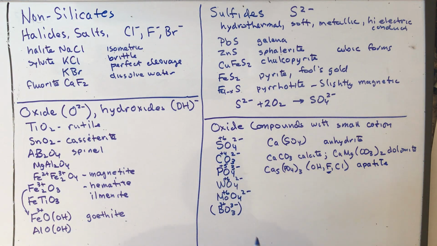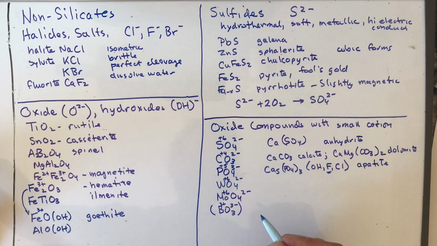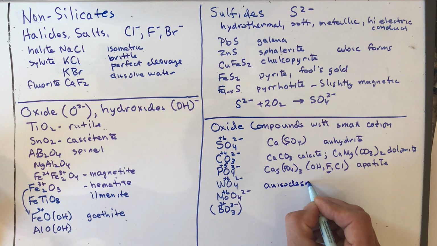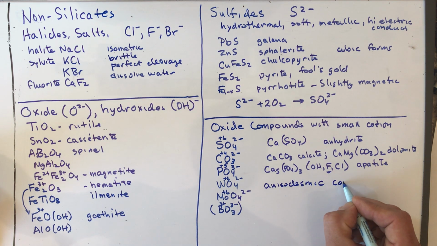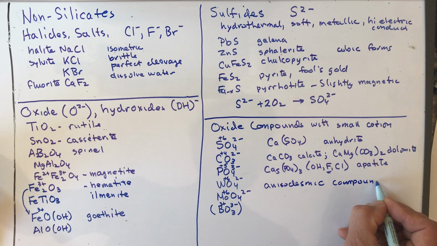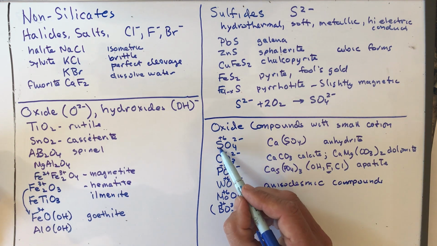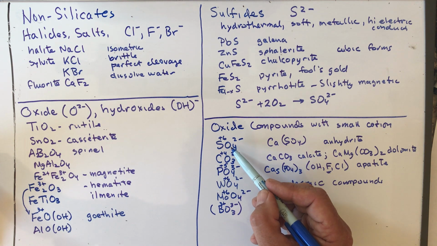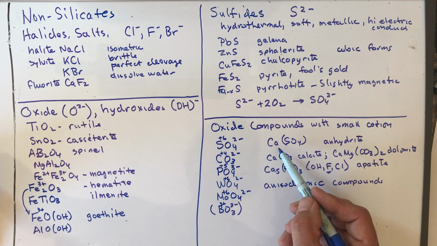So we write the formulas of these with this group intact because in most cases, except borate, these are what are called anisodesmic compounds. That means that the bonds between the small cation and the anions are stronger than the bonds between the anion, oxygen, and the calcium.